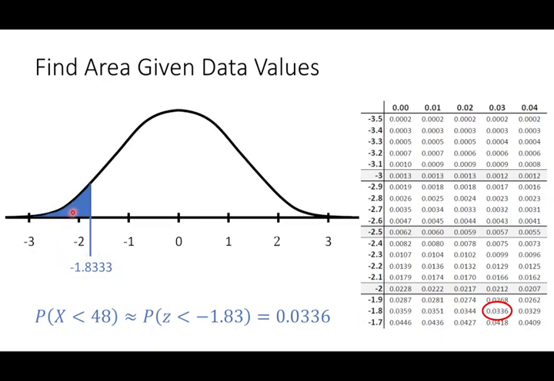This is why you draw the picture, because sometimes you want the area to the right, or even the area in the center of 2 points. But this one's easy because we want area left, and this table gives area left. The area left is 0.0336, which is our answer as a proportion, and as a percent it would be 3.36%. So the z-table approach is similar. We just have to convert to z-scores, and then we do everything the same.